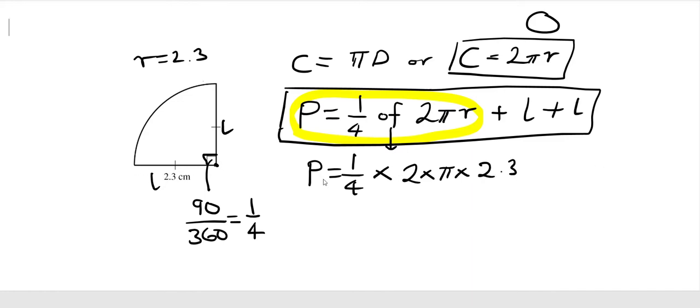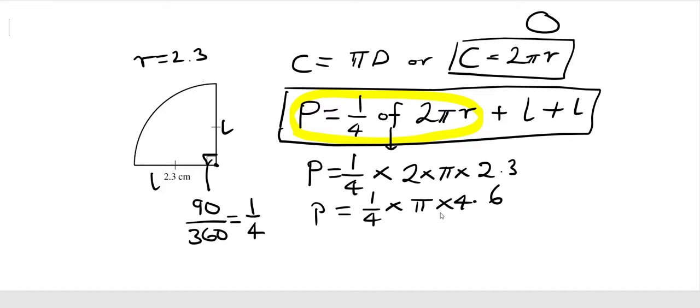Okay, so now perimeter will be equal to, we can put this straight into our calculator. The question said use a calculator. So you can go 1 divided by 4 times 2 times pi times 2.3, or let's just fix it up. Now, I can multiply 2 times 2.3. So double 2.3 leaves me with 4.6. So I have pi times 4.6.